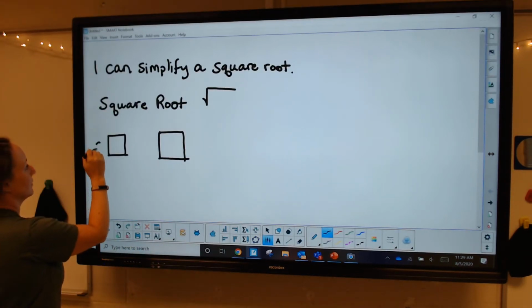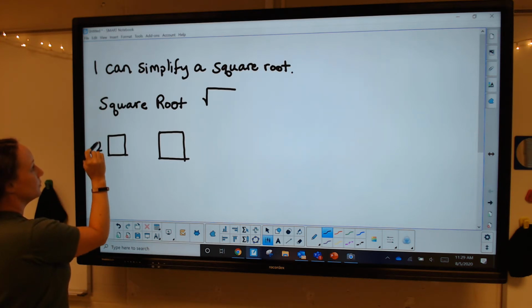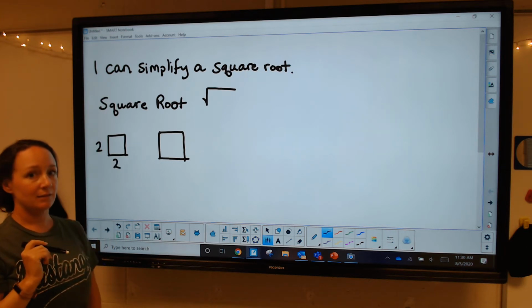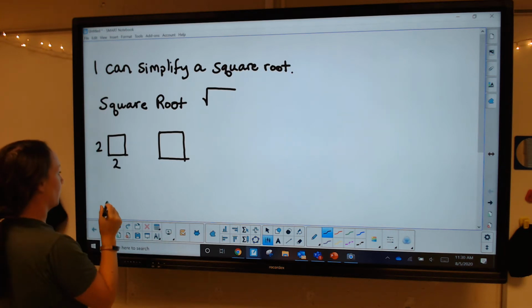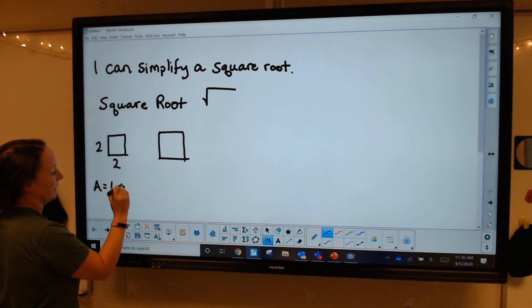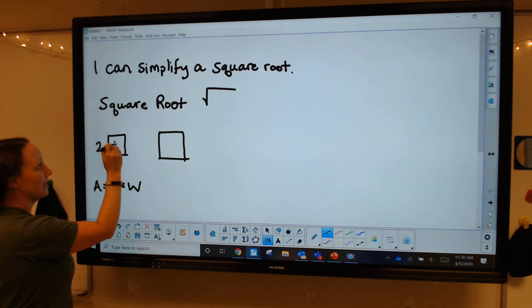Okay, so if this has a side of 2, well then the length and the width is 2 and 2. And if I were looking for the area of the square, I would use length times width. So 2 times 2. The area of this square is 4.